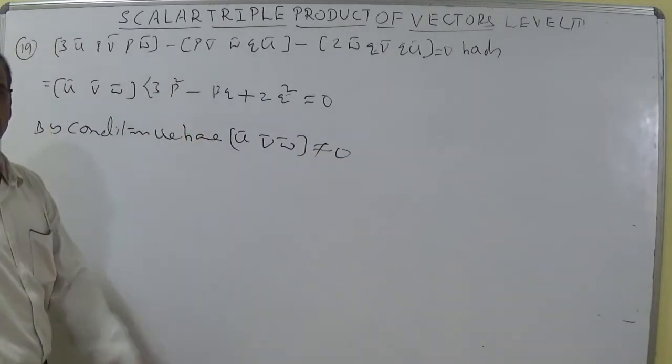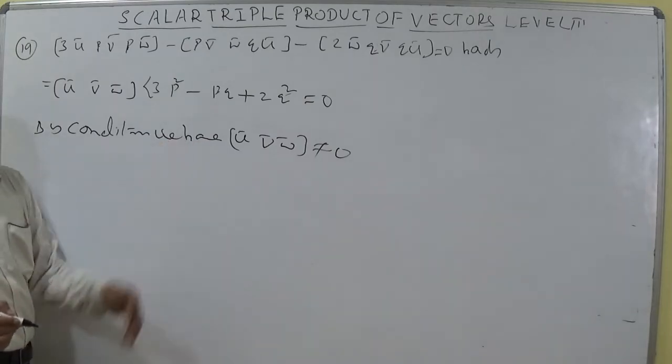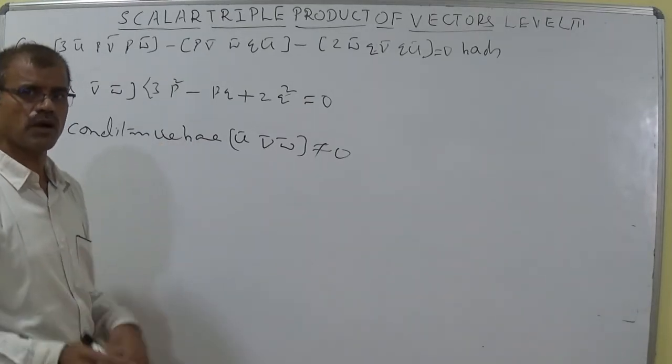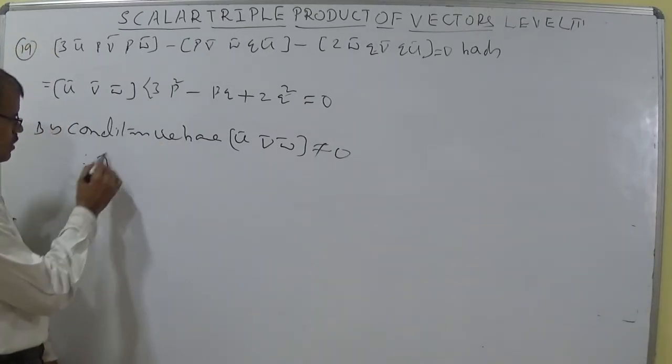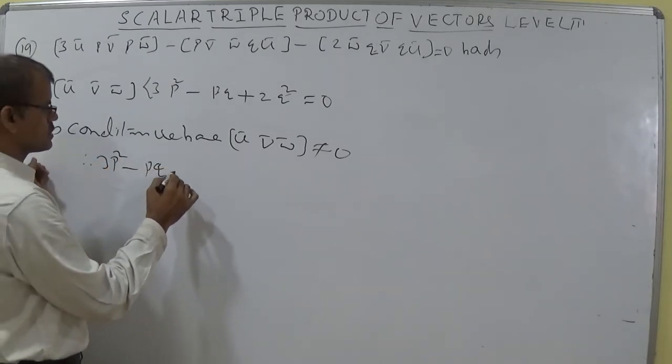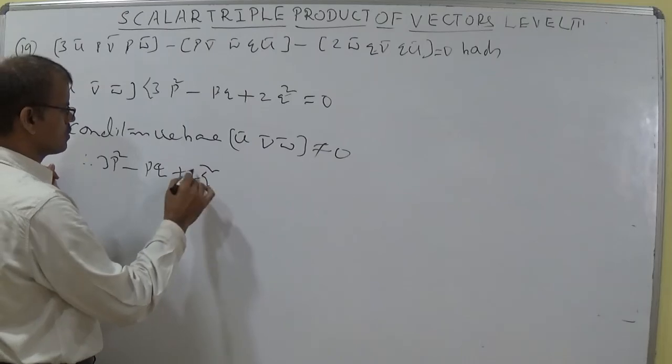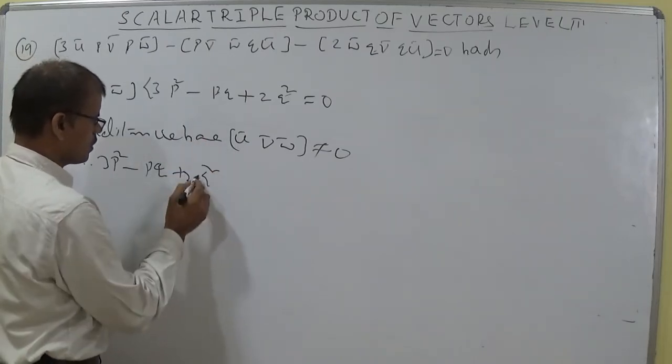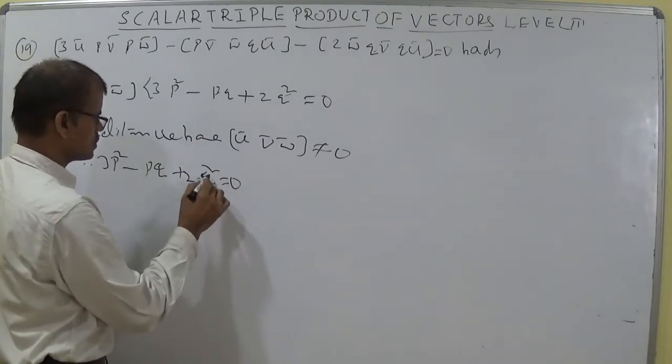Therefore, the other factor should be equal to 0, because he gave non-coplanar vectors. For IJK the box is always 1. Therefore, I am writing here 3p square minus pq plus 2q square equal to 0.